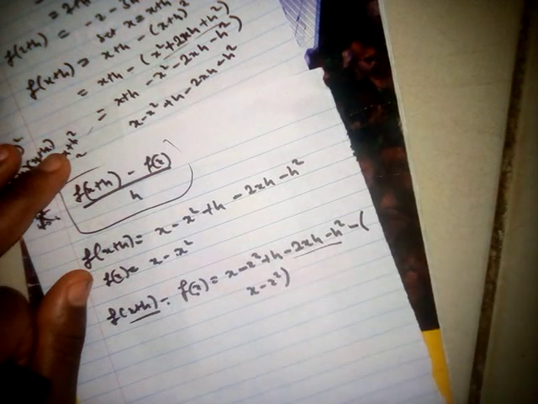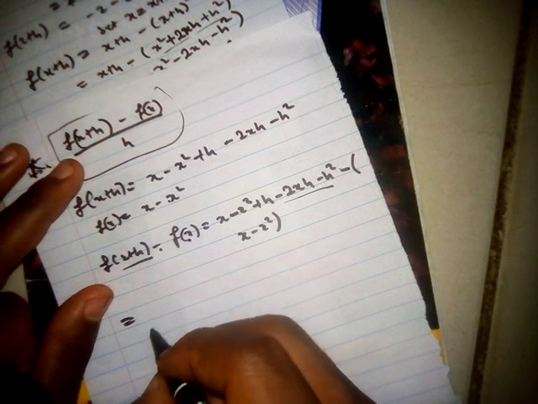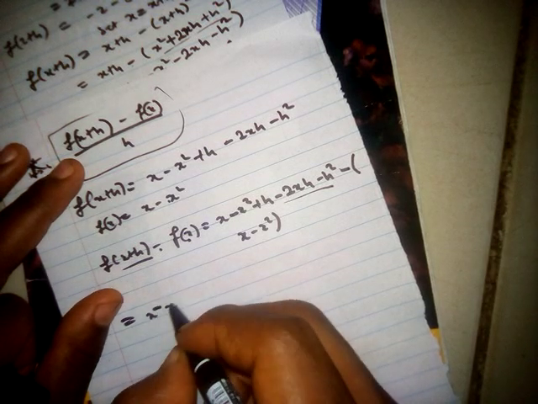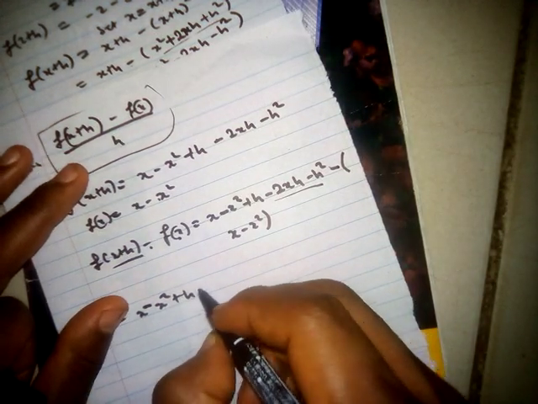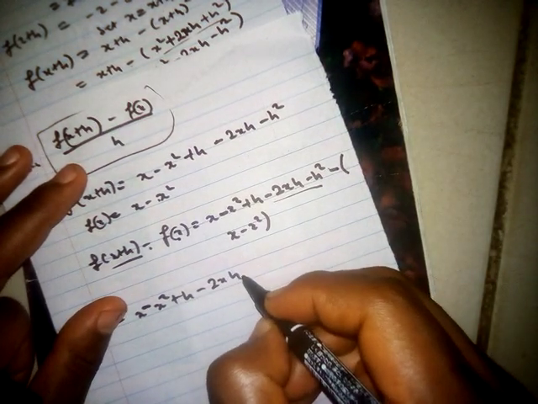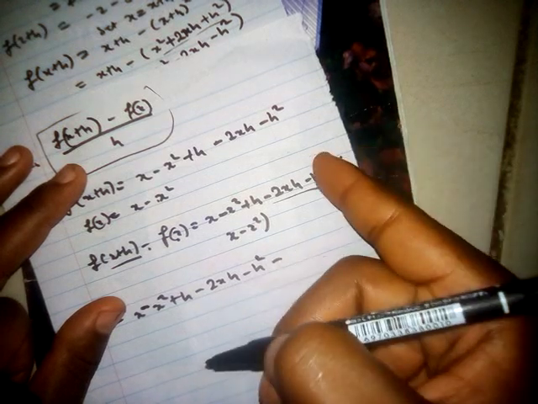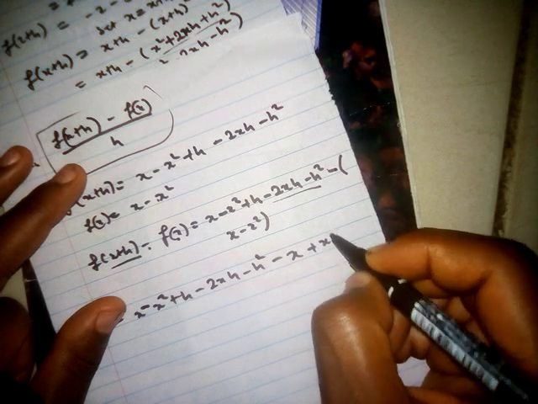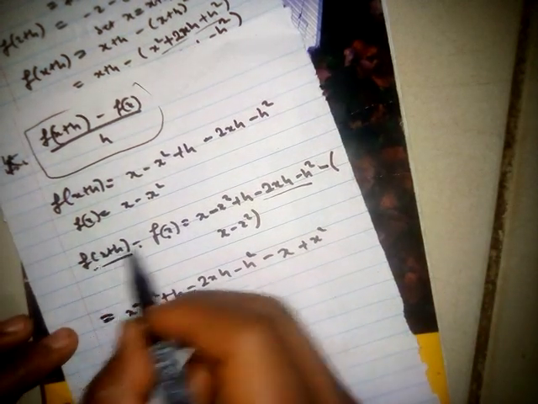If I open up, this is equal to x minus x minus x squared plus h minus 2xh minus h squared. Now if I open this up, this gives me minus x plus x squared. So this is solving for this.